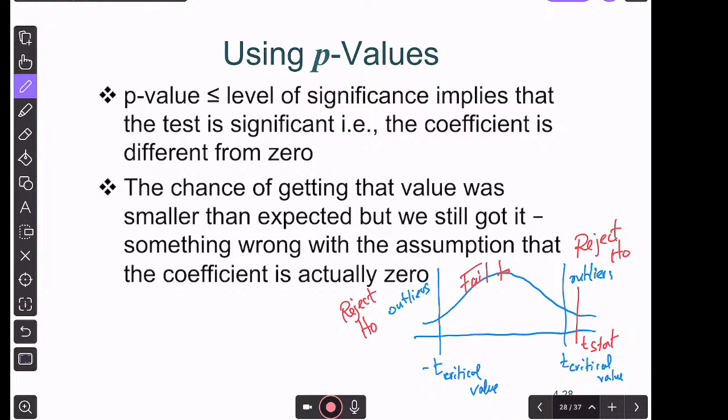And the way you would conclude is that there's no evidence to suggest that B has a trend. So that's the critical value way. And you'll see the text will mention critical values, and that's what it's doing. It's testing your t statistic that you computed.